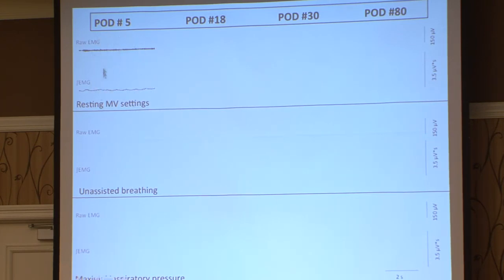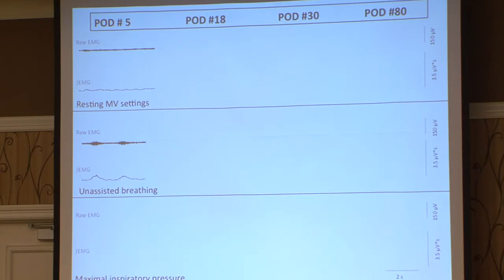So this is from one patient, looking just at the right side here, just for clarity. Resting on the ventilator, we really don't see any EMG activity, raw EMG and integrated EMG. And then when we take the patient off the ventilator, we start to see some phasic bursting with the patient's inspiratory attempts.